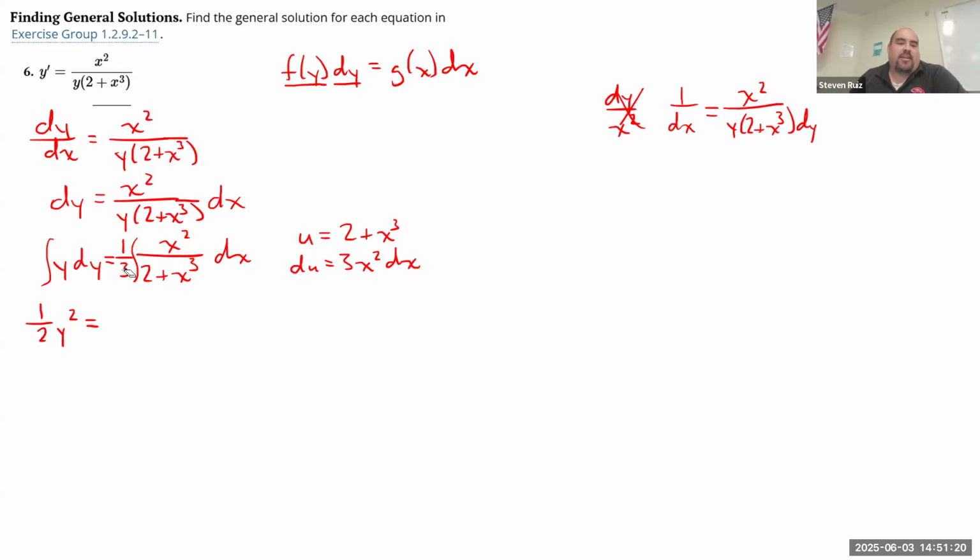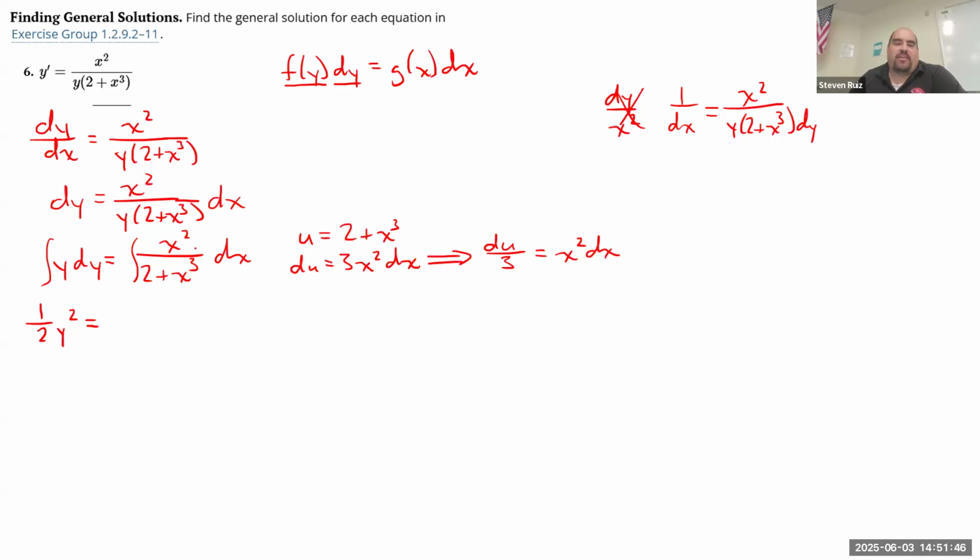And let's clear the decks again. Let's go back to where we left off. So hopefully you can see that 2 plus x cubed is in the denominator. That's a u. And what else remains is x squared dx. I don't really have x squared dx, but I can solve for it. If I divide this equation by 3, I get du over 3 is equal to x squared dx.